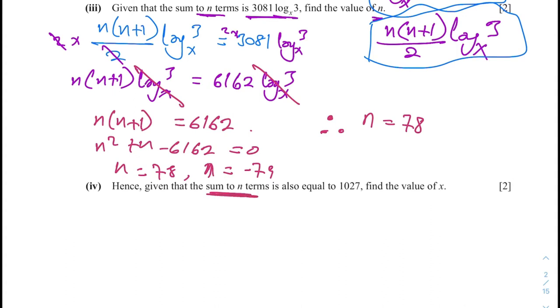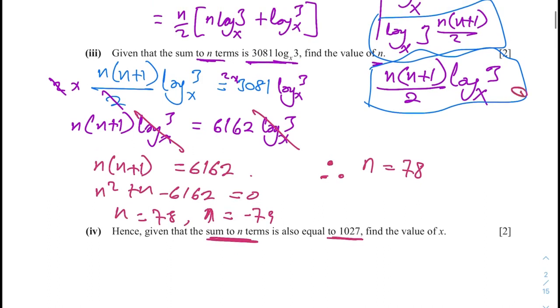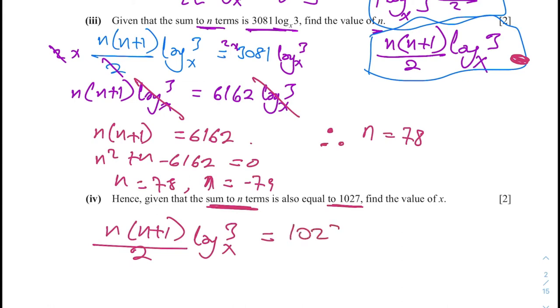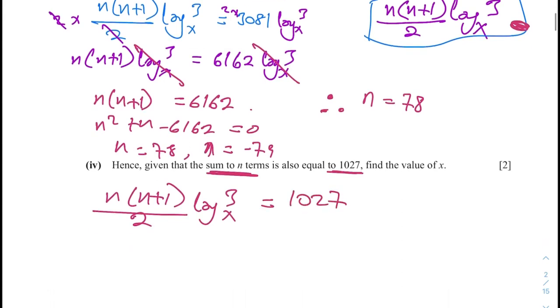Then the next thing that they are telling us is that the sum to n is also equal to this. Remember that this is our sum to n, so we can just write it there. They said it's equal to this, so we should find x, but we know n is 78, so we have 78 times 79, because n plus 1 is 79, over 2, this guy is equal to this.